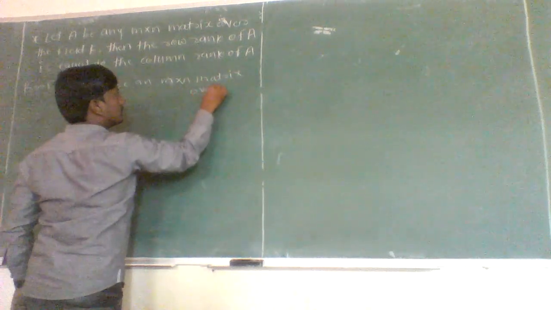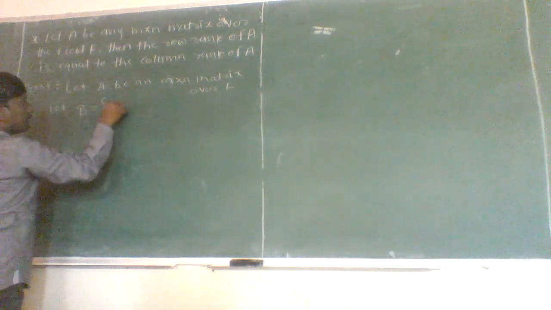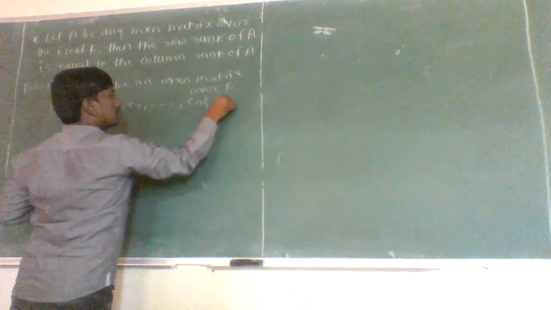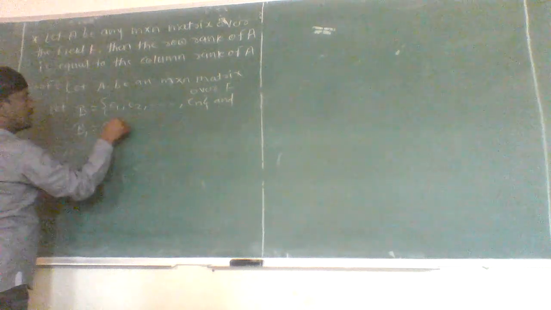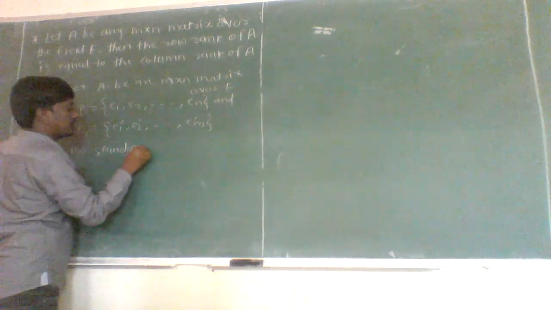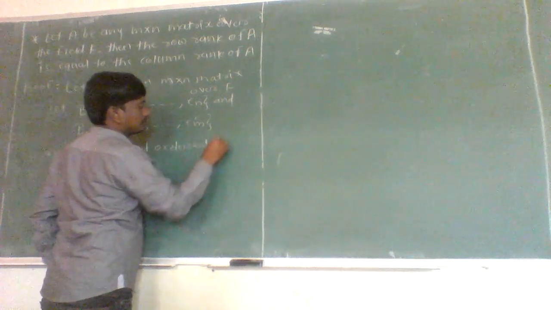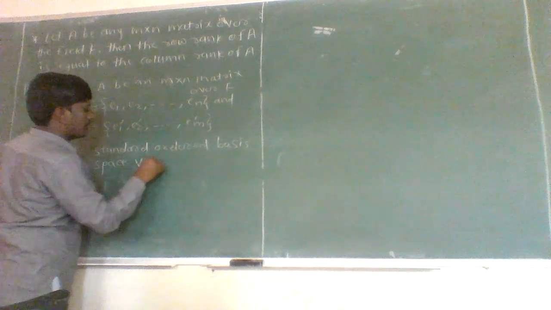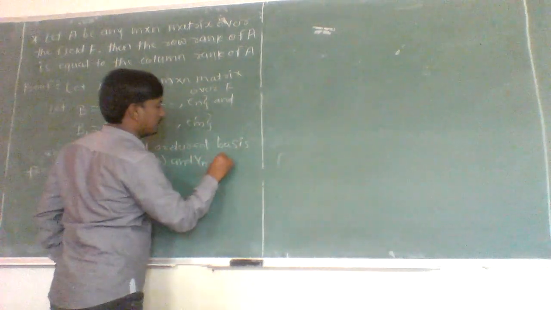Given that A is an m cross n matrix over the field F. Now, let curly B equal to E1, E2 up to so on En, and curly B1 equal to E1 dash, E2 dash up to so on Em dash be the standard ordered bases for vector spaces Vn over F and Vm over F respectively.